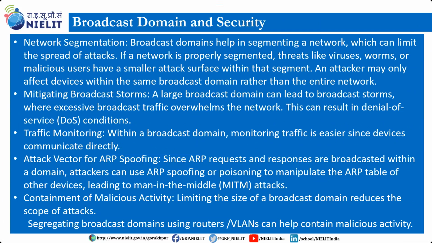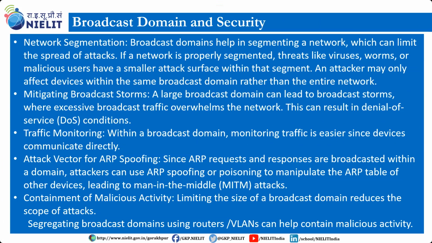Man in the middle attack. A man in the middle attack can be achieved with the help of an ARP spoofing attack, and an ARP spoofing attack can be achieved with the help of ARP broadcast messages. It means if an attacker is sitting in the same network, he or she can target only the systems present in the same broadcast domain with the help of an ARP-based man in the middle attack.